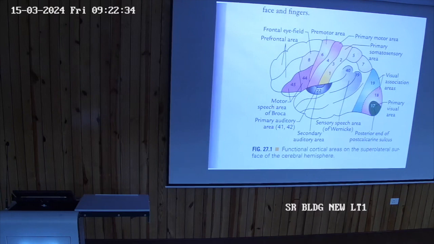Then we come to the part of area number 44 and 45. On the dominant hemisphere, this is called Broca's area or motor speech area.